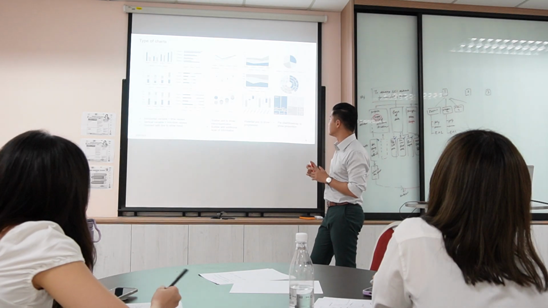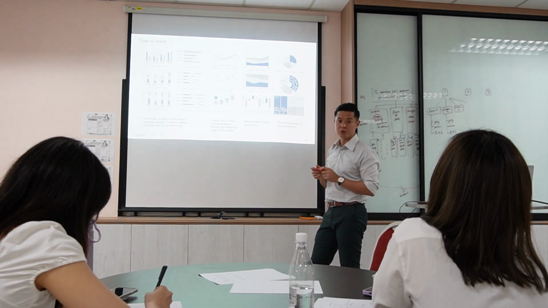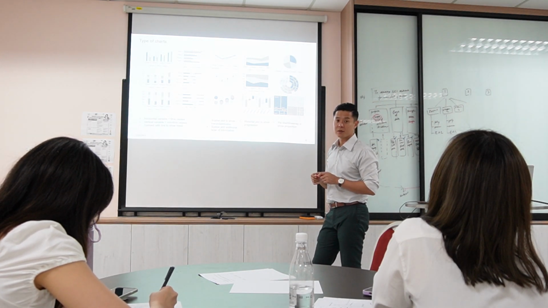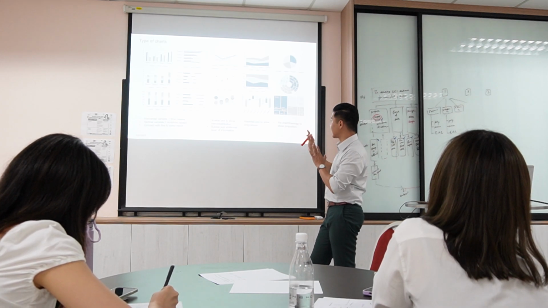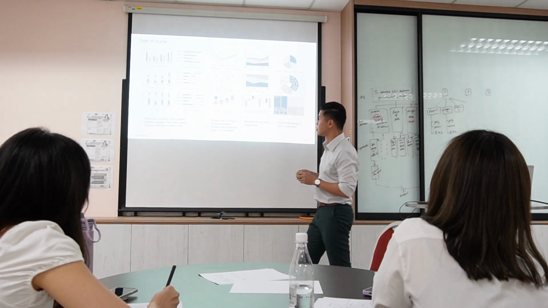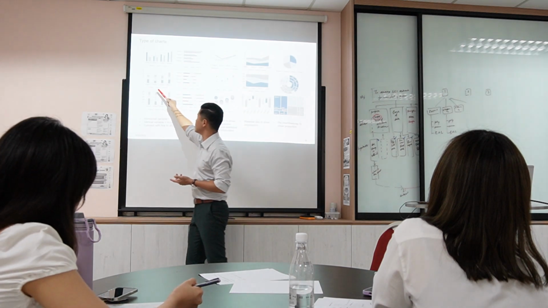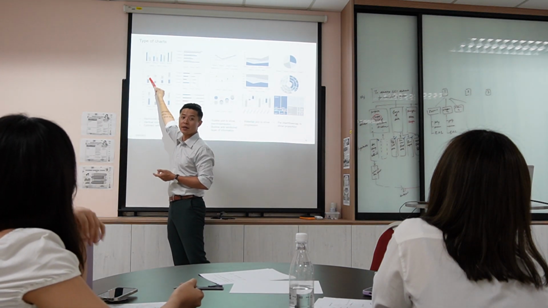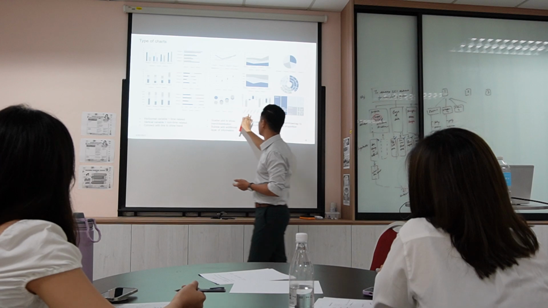So the circumstance in which we use it can be different, depending again on what kind of insight we want to show. If we just want to show no progression, just differences between categories, then obviously we wouldn't do it this way.